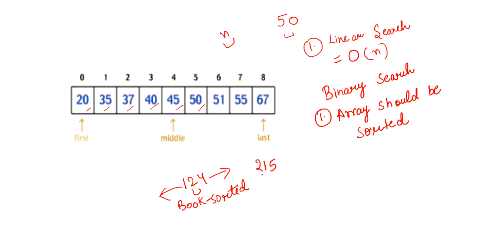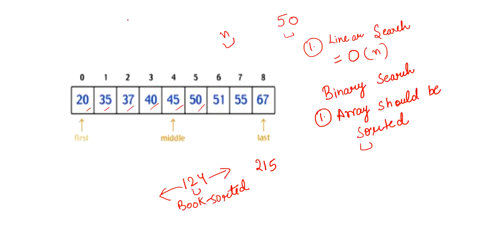This is the same approach that binary search also follows, because here the array elements are sorted. This is what we are assuming, or this is what is mandatory. For example, you want to look for 50, right? So what we will do here, we will divide our array into two parts, right?